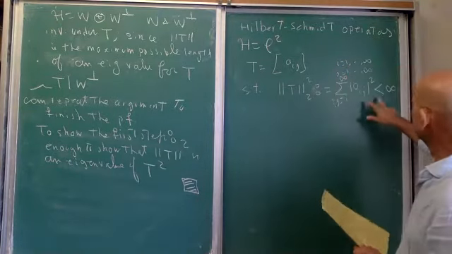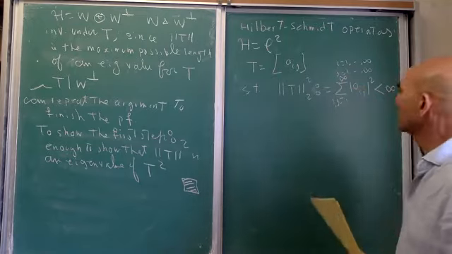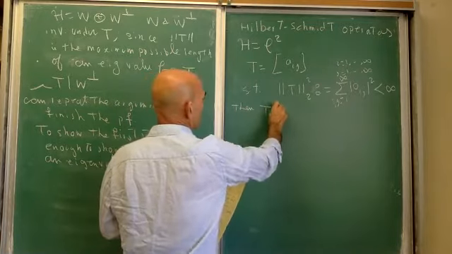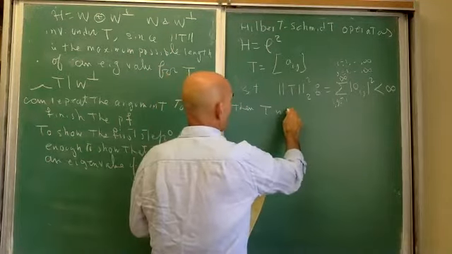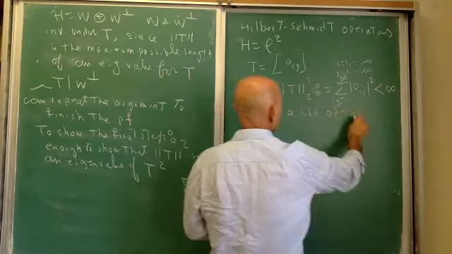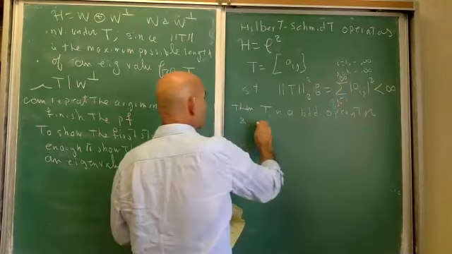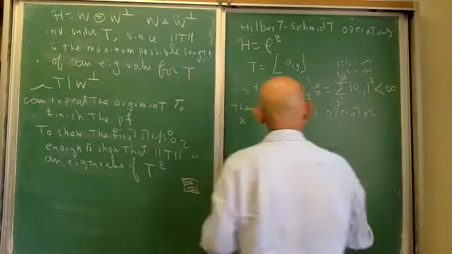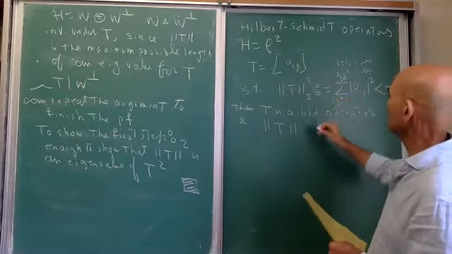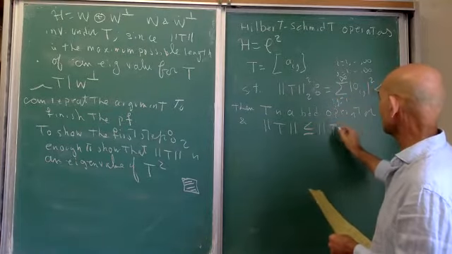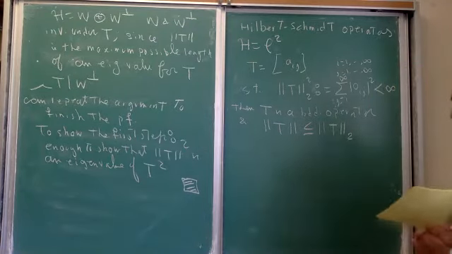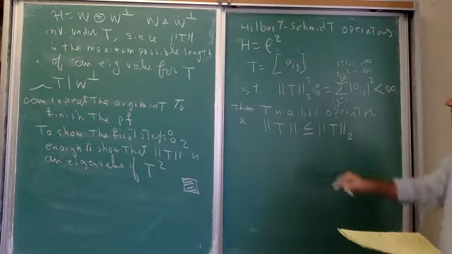Okay, so this is the definition of the operator. Now it's easy to check that T is a bounded operator, and in fact the operator norm of T is less than or equal to the Hilbert-Schmidt norm.